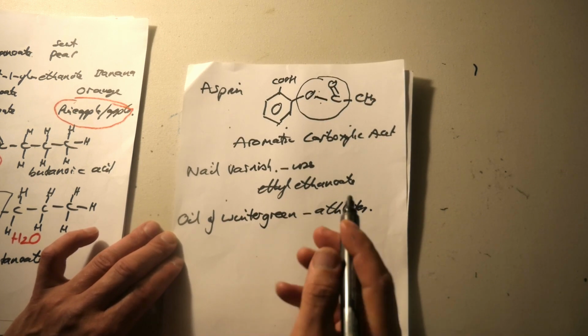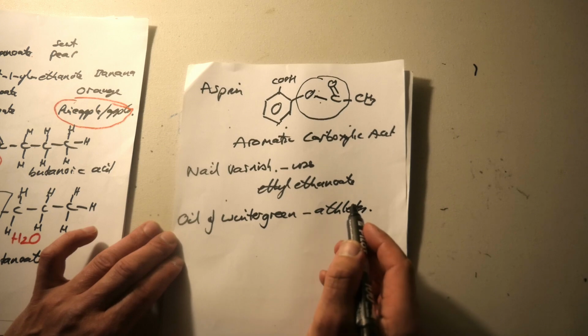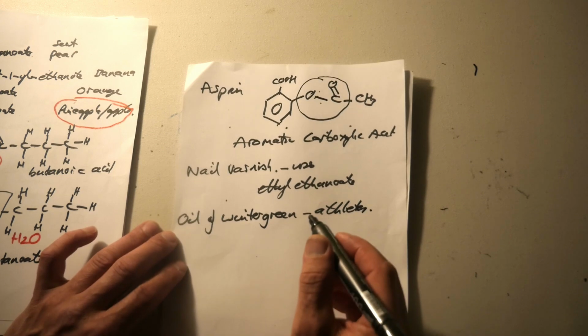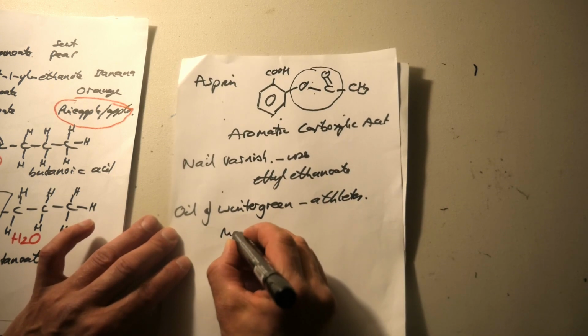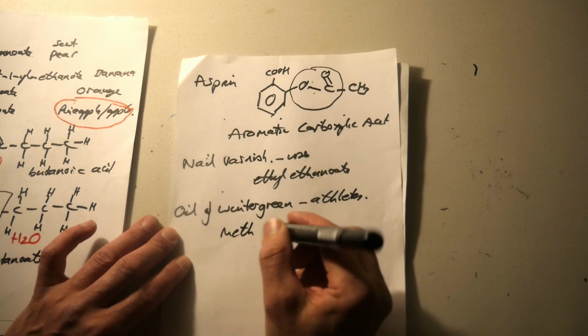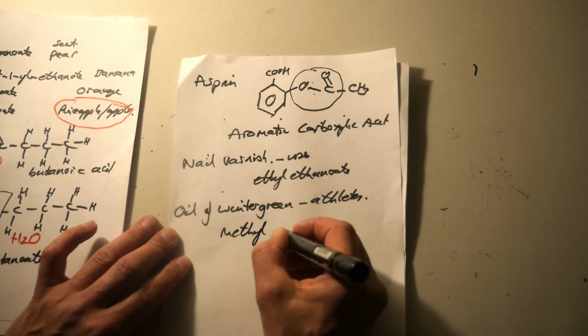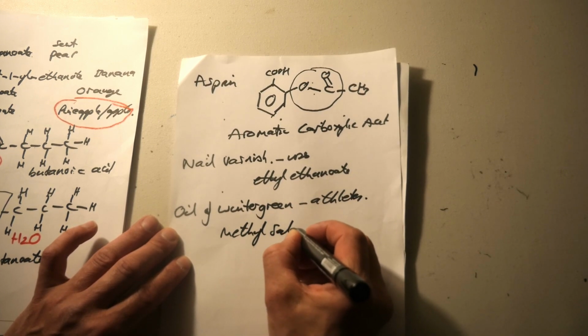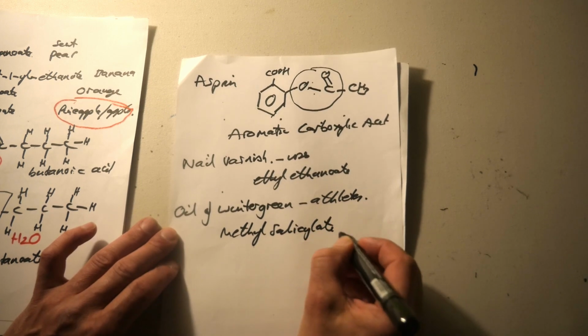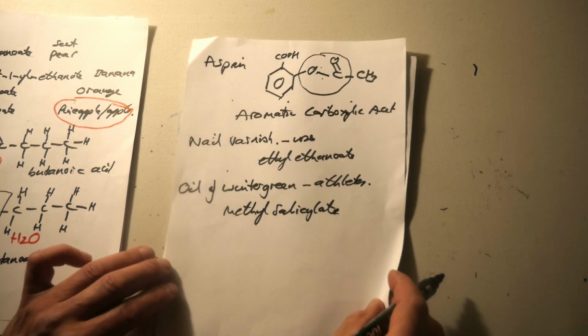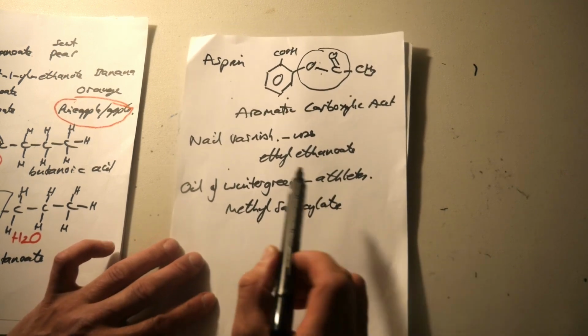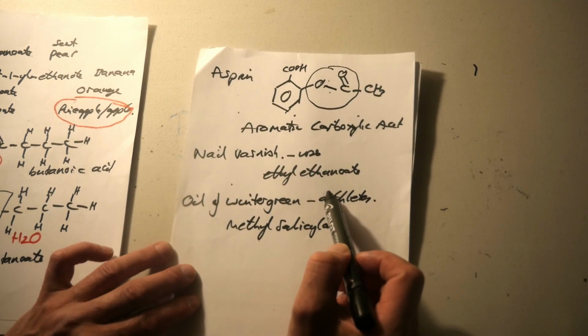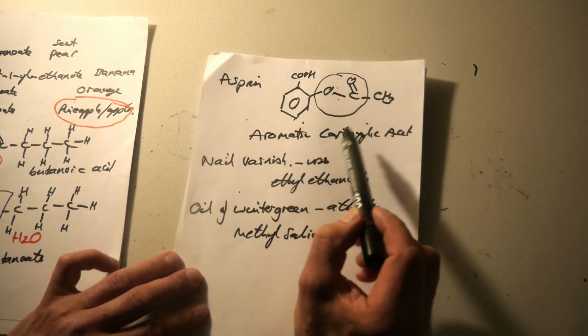It has a strong scent, which is using methyl. Use it for strains and sprains. Methyl salicylate. And I don't remember the formula for that. I'm not sure what that is, but this is oil of wintergreen used by athletes. So nail varnish uses ethyl ethanoate and aspirin, which we're all familiar with.